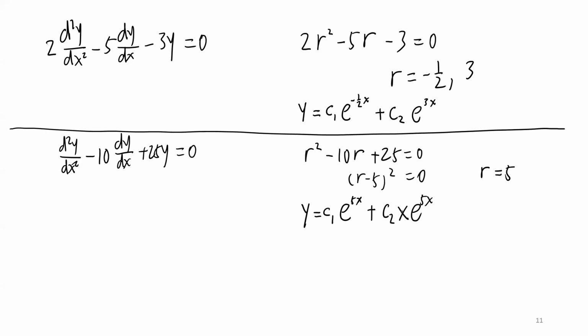Only this way can you make the two solutions linearly independent. That's what we need: you always need two linearly independent solutions.